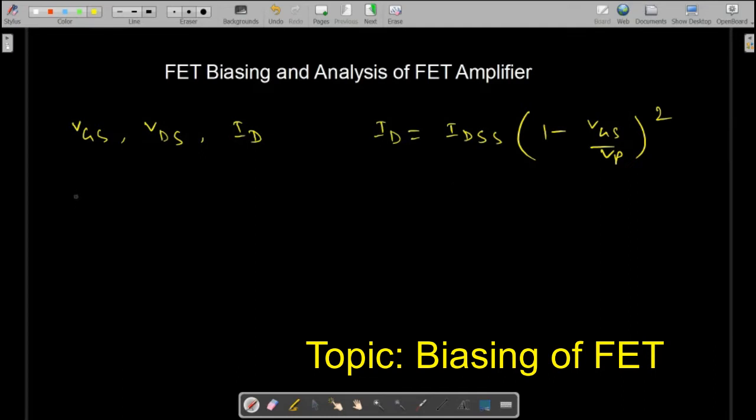So talking about biasing circuit, we have a fixed bias similar to BJT. The concept of fixed bias is we are using only a single resistance to provide the biasing. That means if I draw the circuit, the circuit will be like this.